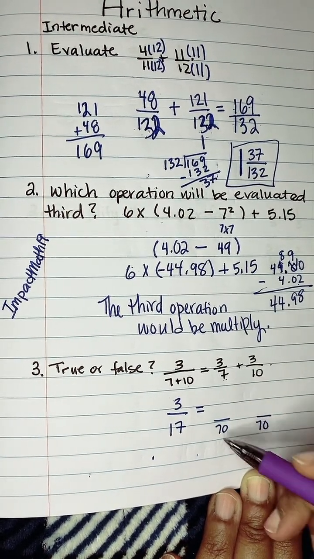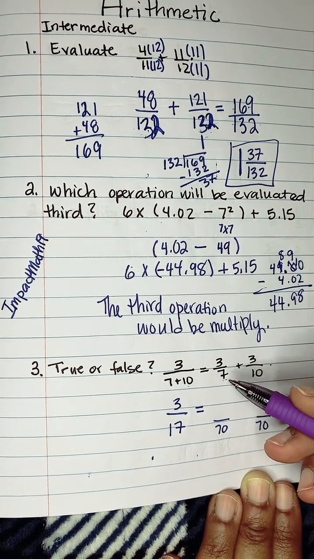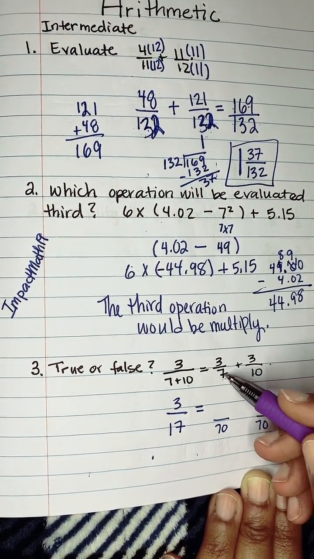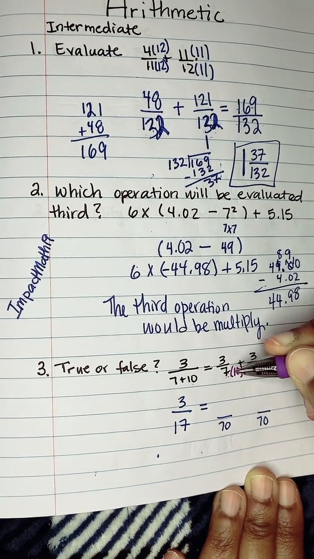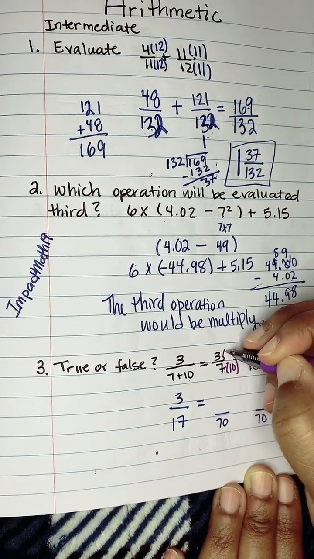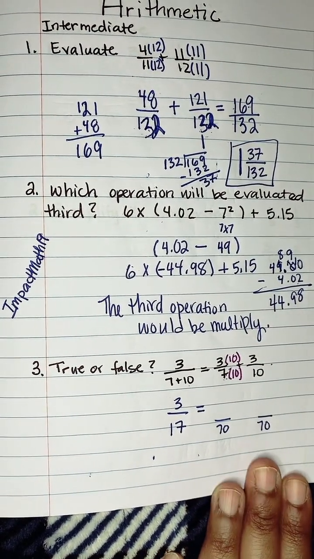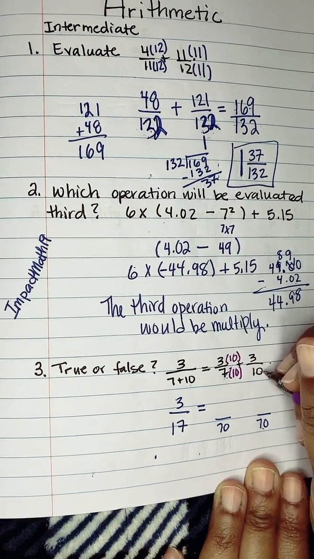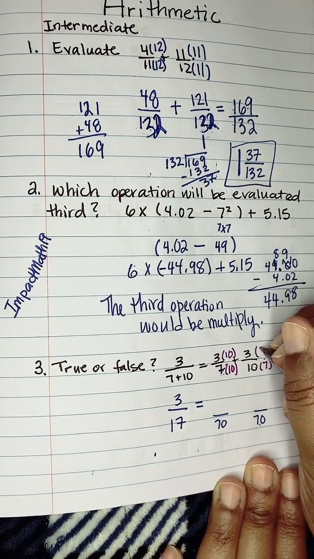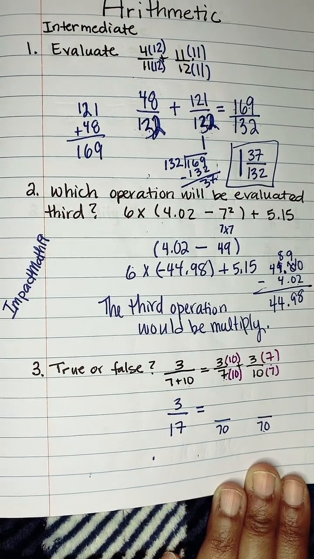And then once you get that, you go back up here and you say, well, what can I multiply 7 by to get 70? I'm going to multiply it by 10. But what I do to the bottom, I also have to do to the top. Same thing here. 10 times what gives me 70? Well, 7. Okay.